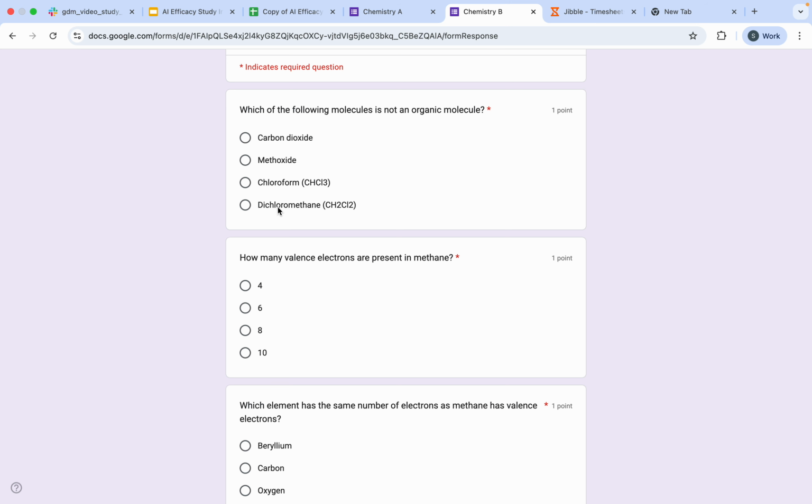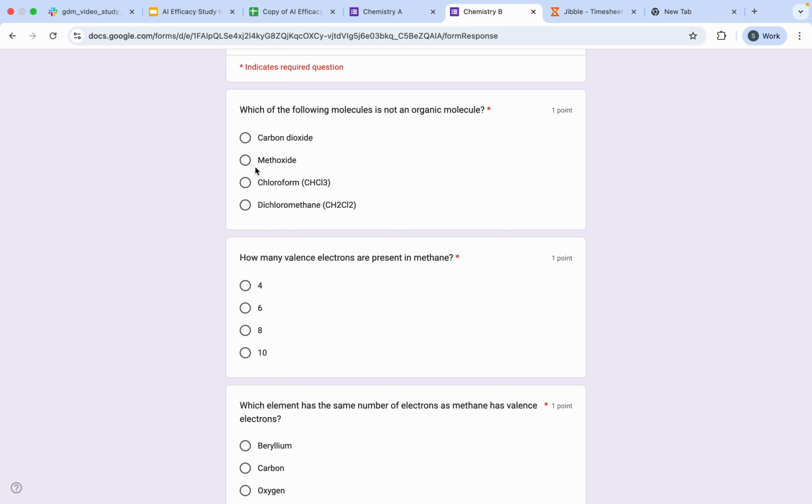So the molecule which is not an organic material is... chloroform, dichloromethane, carbon dioxide.